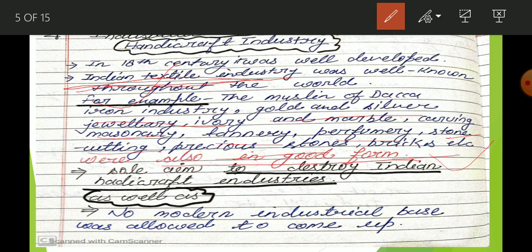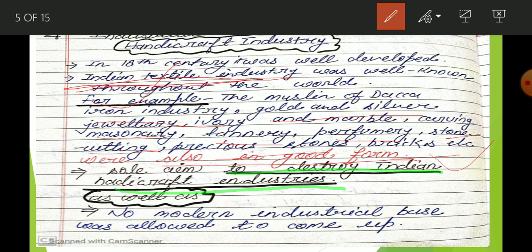No. So when they came to India, the first motive of the Britishers was that the handicraft industry, which was the backbone of our industrial sector, they wanted to break it. The first motive of the Britishers was to destroy the Indian handicraft industry.